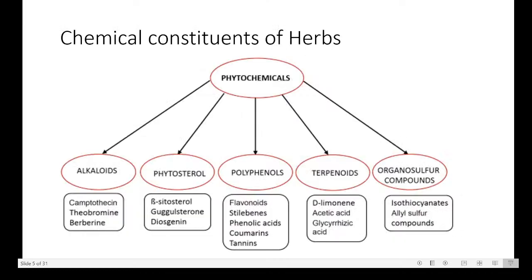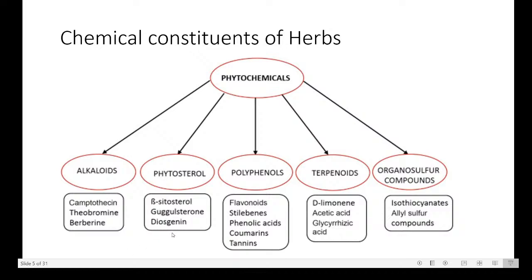Okay, so here I mention only alkaloids, phytosterols, polyphenols, terpenoids, and some organosulfur compounds. Below the circle, we have some phytochemical names. The phytochemical branch names are here. These are sub branches.